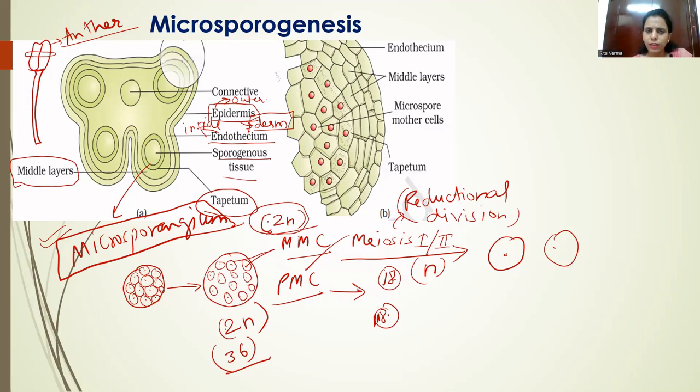So this process in which the microspore mother cells or pollen mother cells present inside the microsporangia of the anther undergo meiotic cell division and produce haploid microspores or pollen grains is known as microsporogenesis.